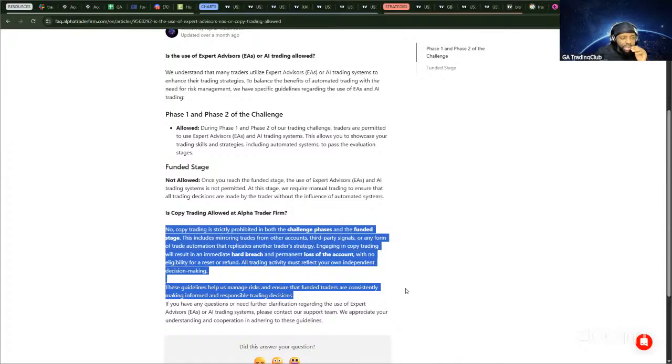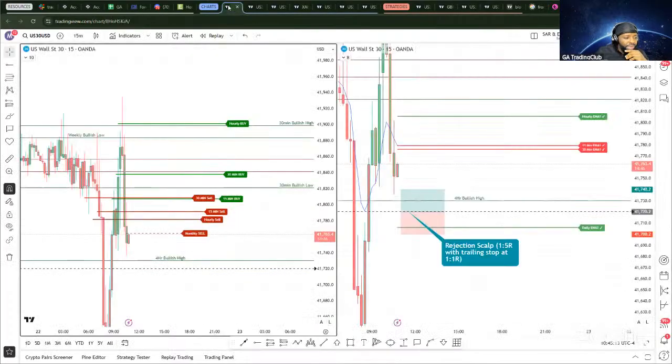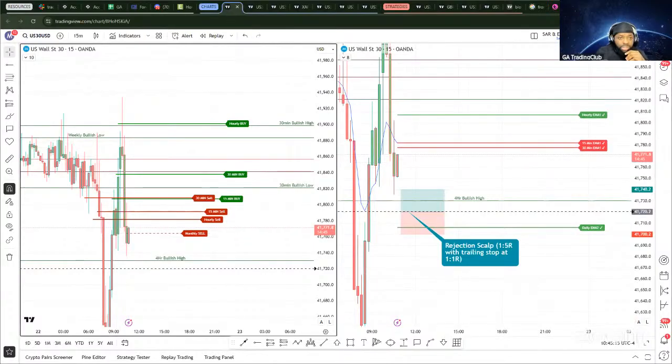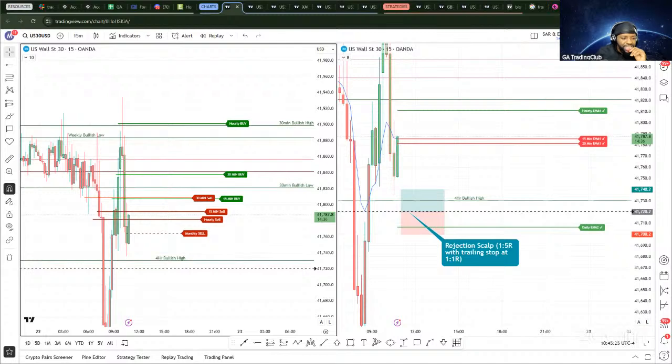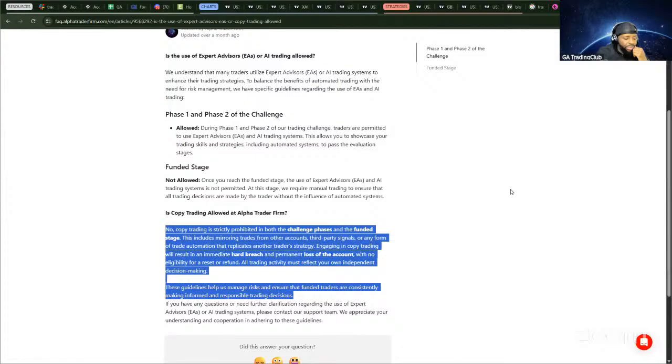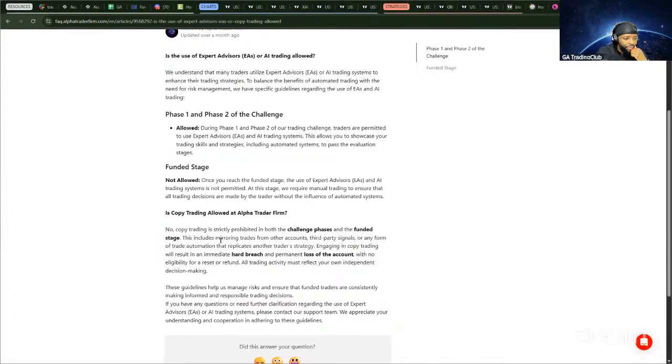I can manually trade, even though it would mess up even my regular entries. But I can handle a problem. Like top one allows you to copy trade during the challenge phases. Doesn't really allow you to copy trade during the funded phase, which is annoying.